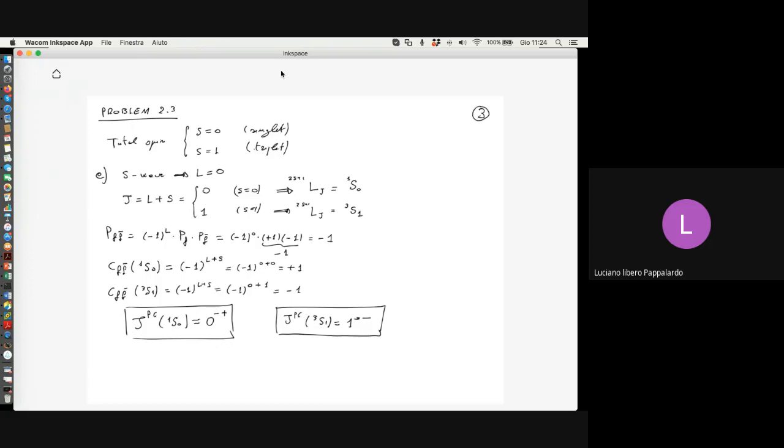Okay, very simple. Now, this was the first part, in case the fermion-antifermion pair are in an S wave state. Let's now consider the second case where they come in a P wave.